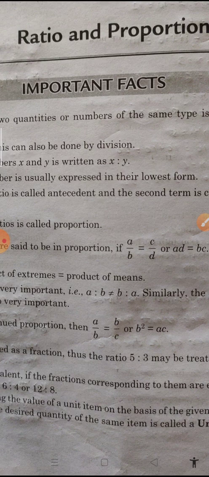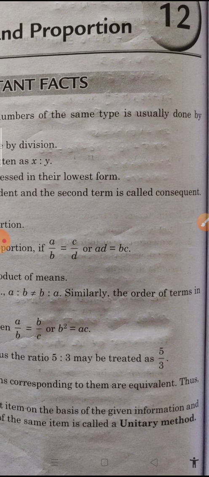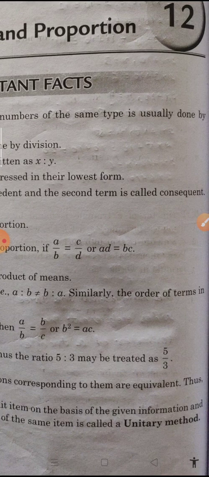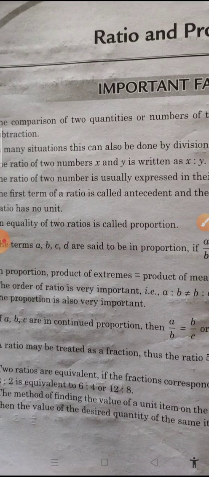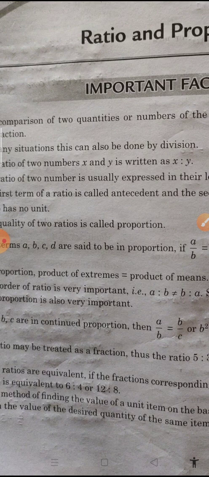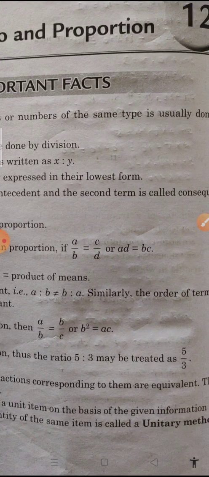Suppose the cost of one pen is 5 rupees, then we are asked the cost of 10 or 15 pens. So we calculate all these values from the unitary method.